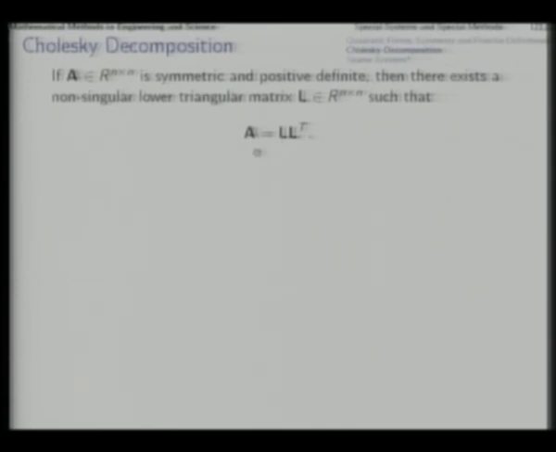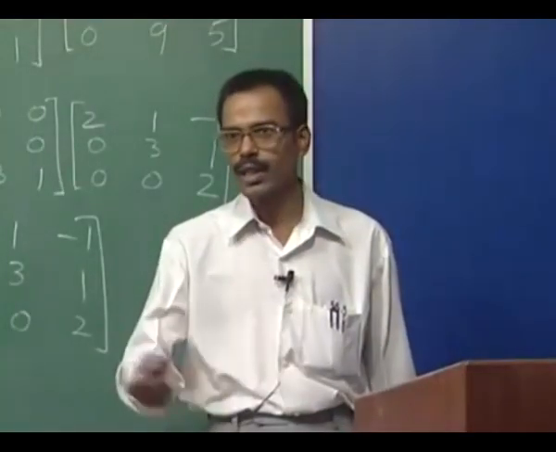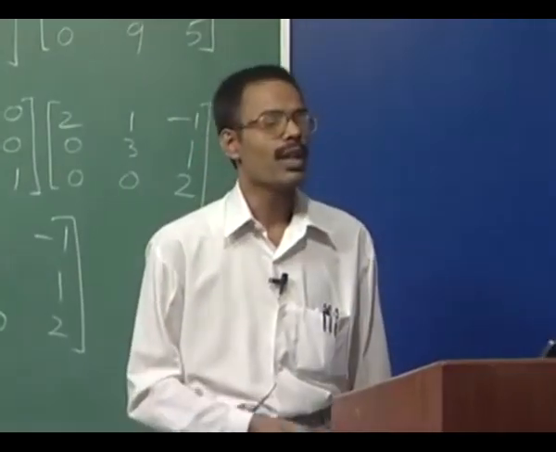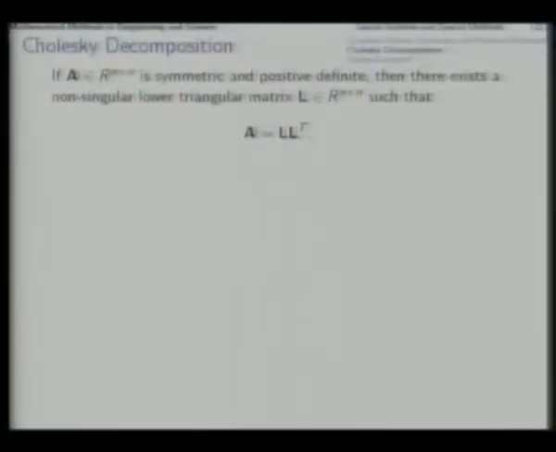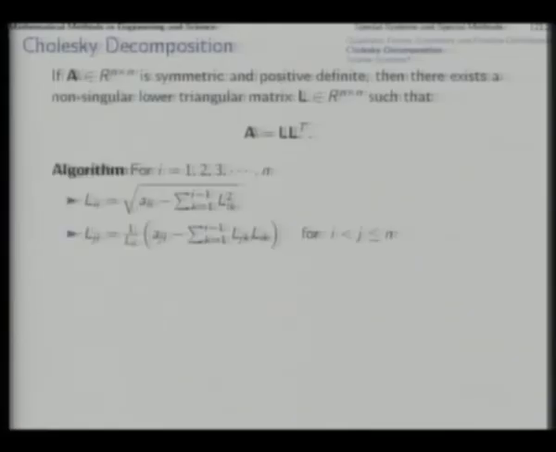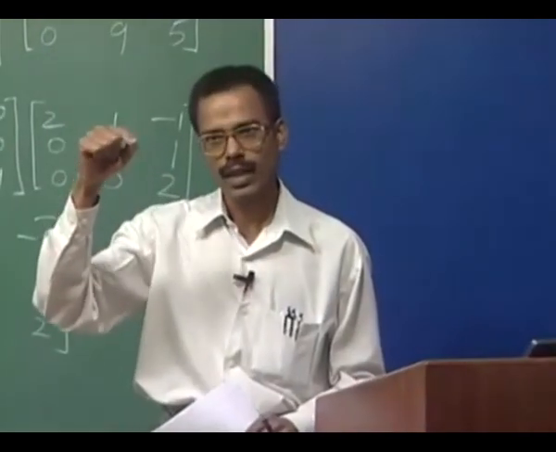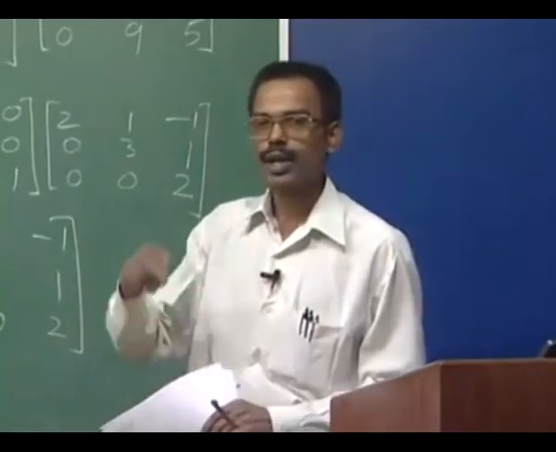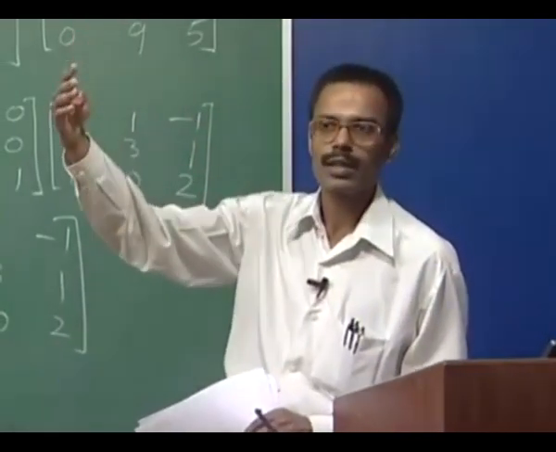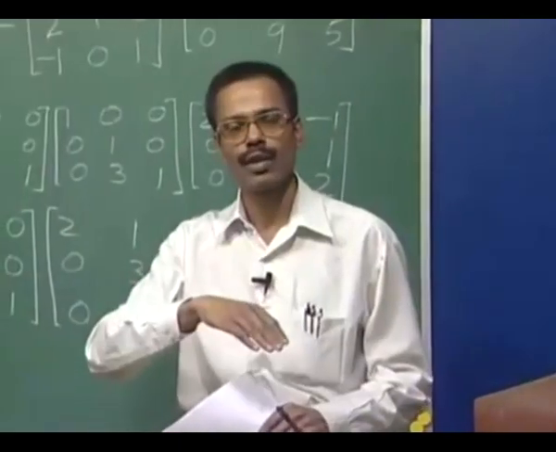Now, when the matrix A is symmetric, you can talk of such a decomposition, and when you try to conduct that decomposition, you will succeed when the matrix A is not only symmetric, but also positive definite. The algorithm is similar to the LU decomposition algorithm, in which one by one you find L11, L21, L31, then L22, L32, L42 and so on, because you do not need to find the terms above the diagonal, since the U factor is the transpose of the L factor.